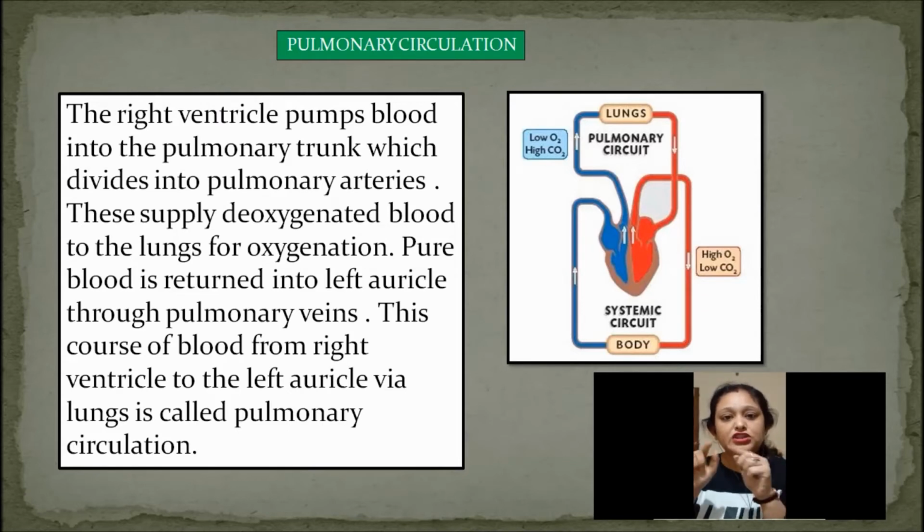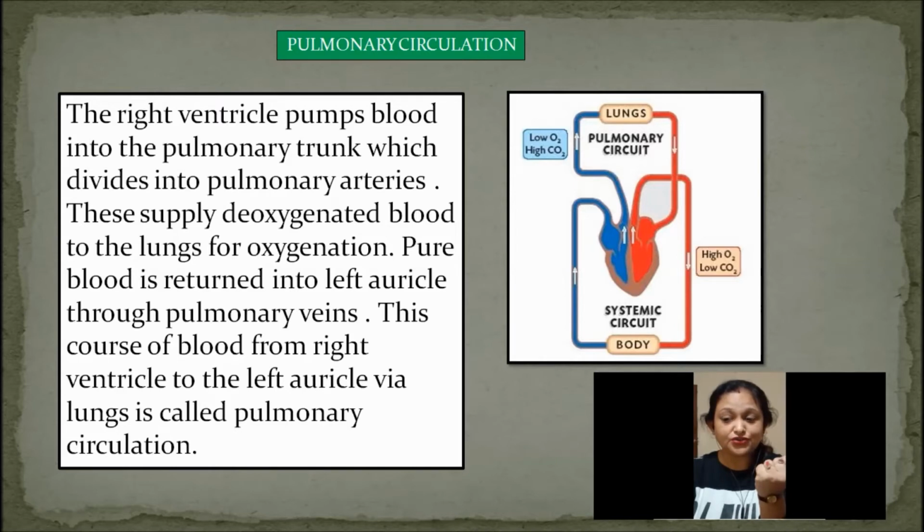Automatically, when the tricuspid valve closes, the semilunar valve opens. The semilunar valve, the pulmonary valve, is open, and as the diagram also shows, when it is open the deoxygenated blood goes to the lungs, to two different sides, the left portion of the lungs and the right portion of the lungs.